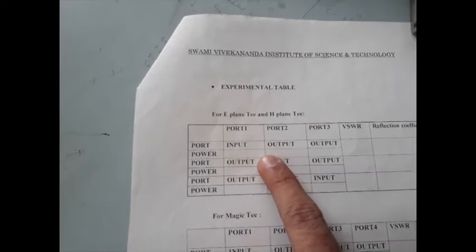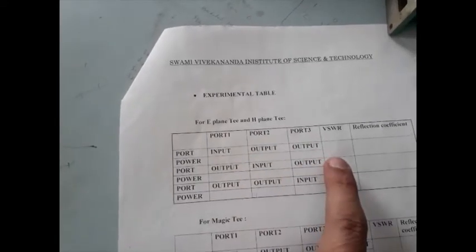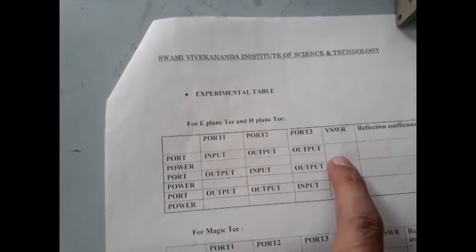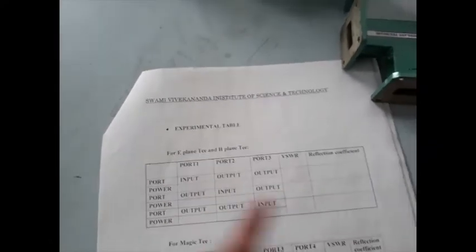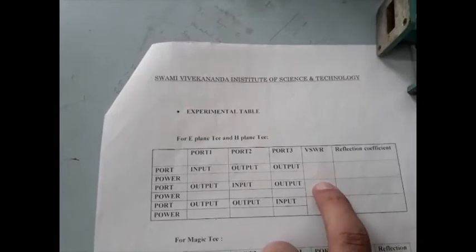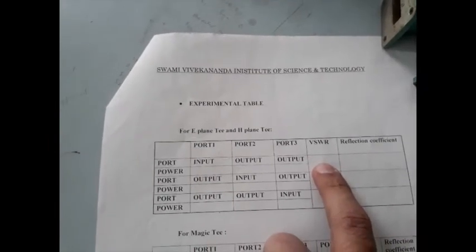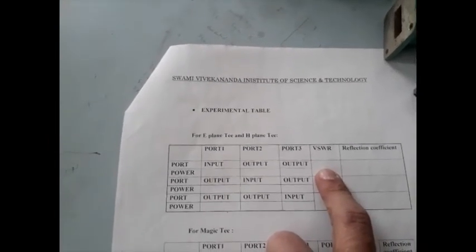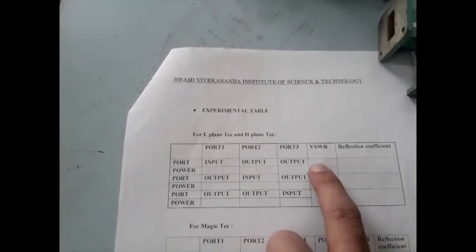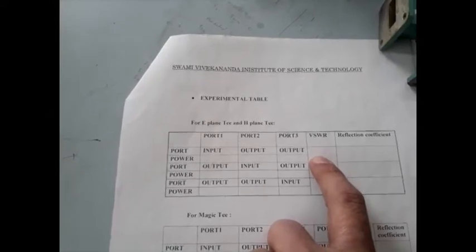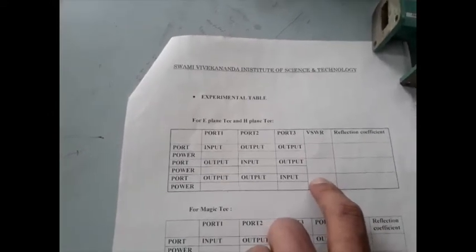The diagonal elements of the scattering matrix are the reflection coefficients, right? So to measure the reflection coefficient, we have to measure the VSWR for three different ports.